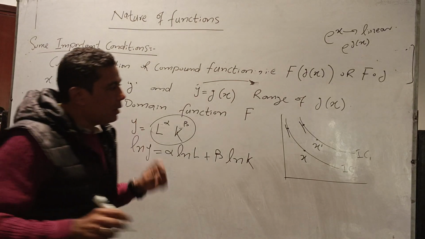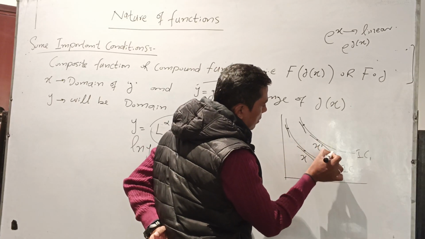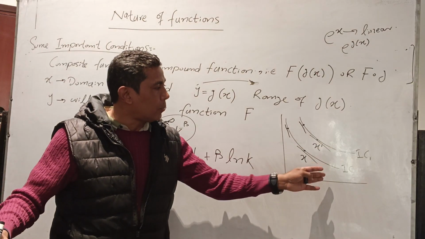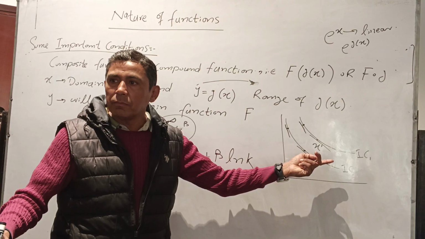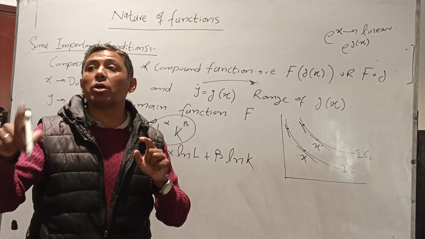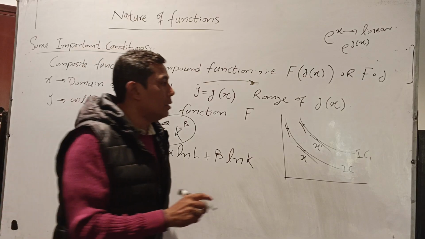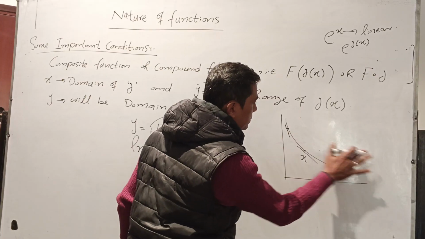Similarly, you can take other points downside with the same rate of change, but if the curvature of the IC is going to change, let's say this one.